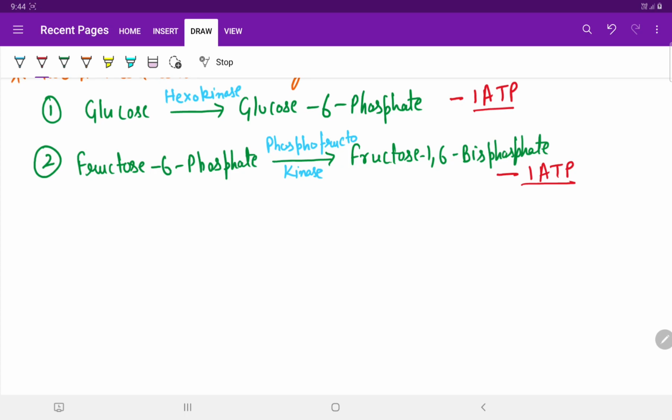So the net ATP synthesis in glycolysis under aerobic conditions we will be writing. So this statement is written as net ATP synthesis in glycolysis.